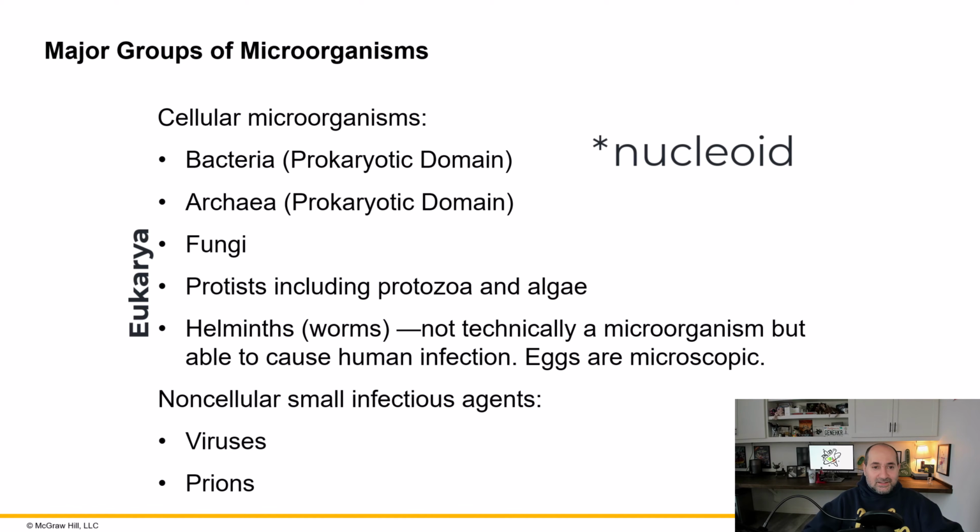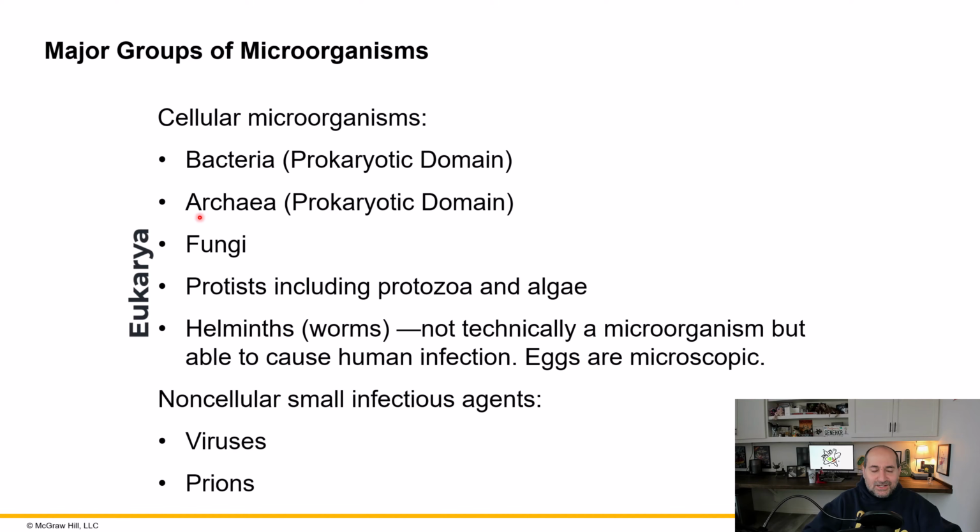Now, I digress. Let's get back to what are the major groups of microorganisms. All of the domain bacteria are microorganisms. This includes E. coli, salmonella, some of the other characters you've heard about. Then there's the domain archaea, which are also made up of prokaryotic cells. They are all single-cell organisms.